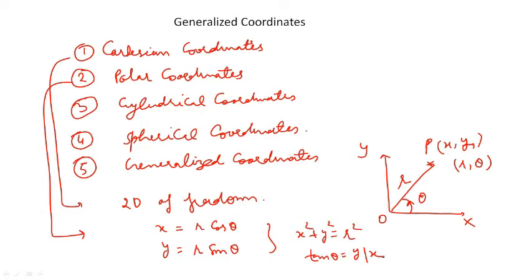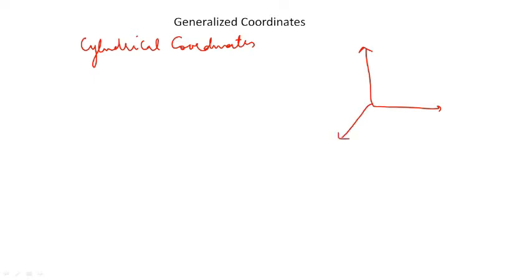Similarly, we can define the cylindrical coordinates. Suppose a particle is moving freely in three-dimensional space, and let us say it is x-axis, it is y-axis, and it is z-axis.